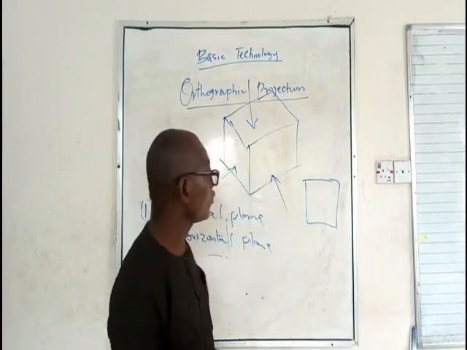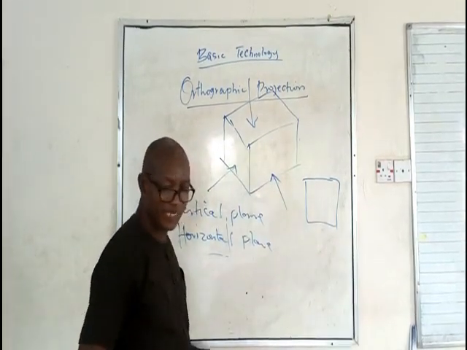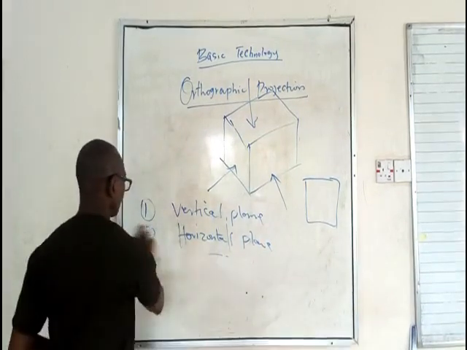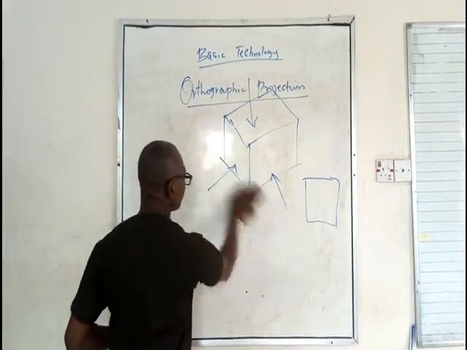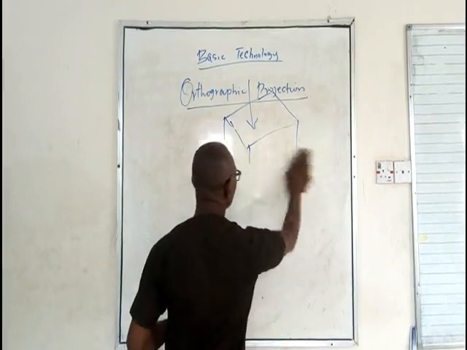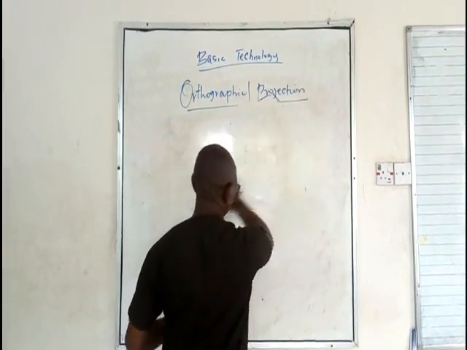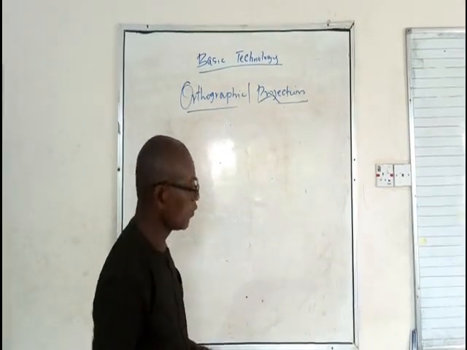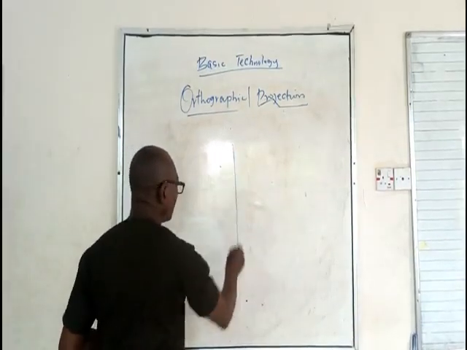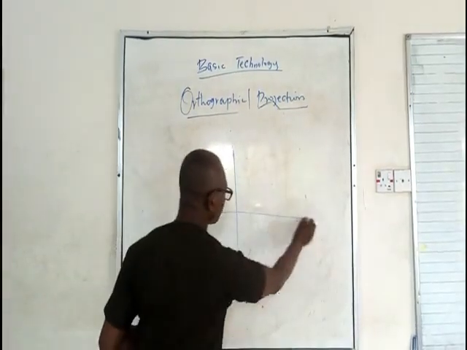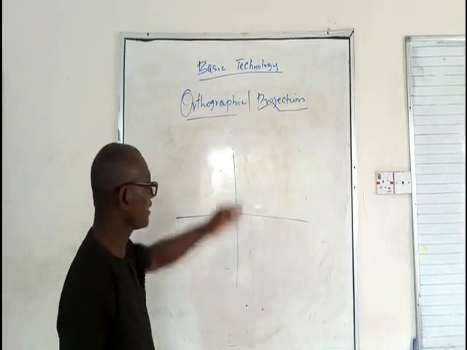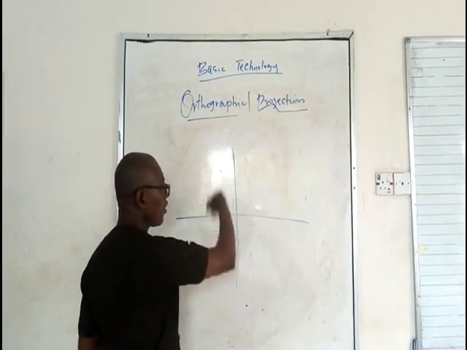When these 2 planes, the vertical and the horizontal, intersect with one another, it gives us what we call the quadrants, 4 quadrants.